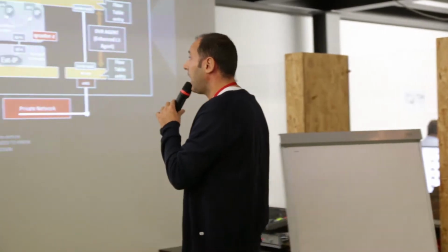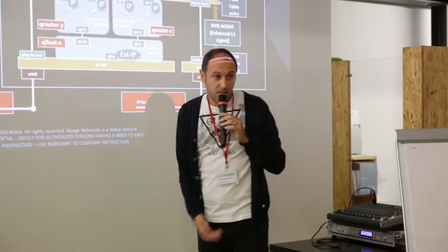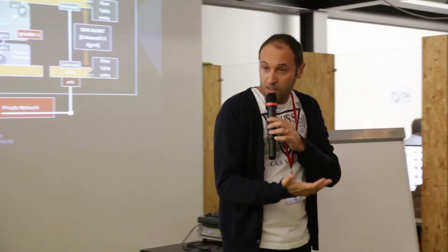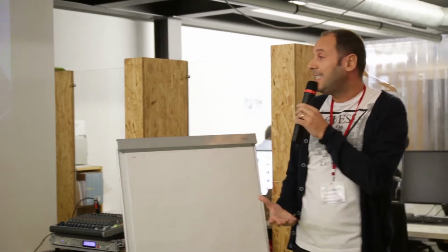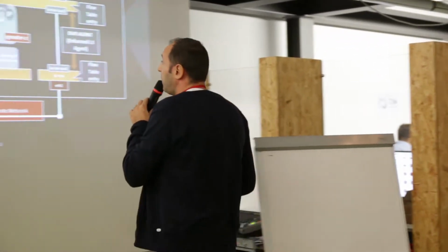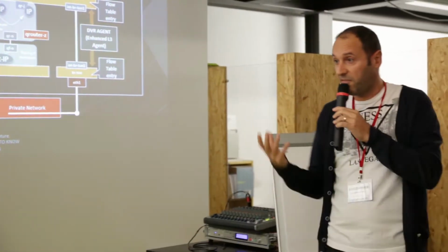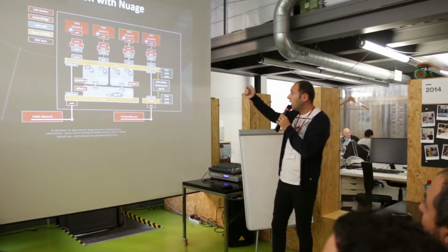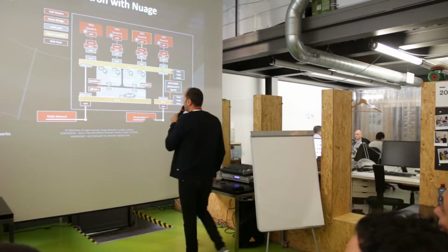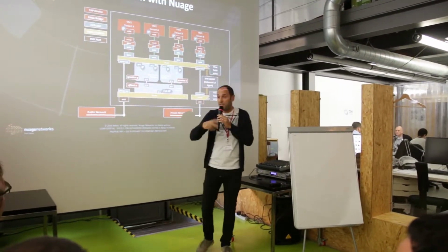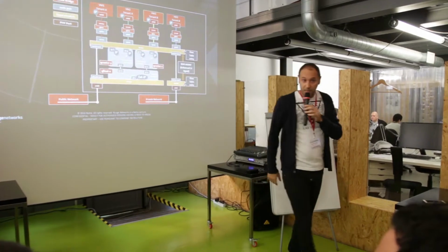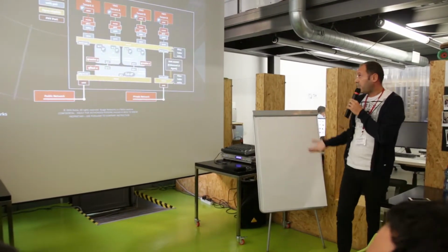So I would like to have additional functions to talk with the external world, and the idea is to implement this functionality in a distributed fashion. How can we do this? Think of functionality like routing between different tenants or floating IP, all in a distributed fashion.